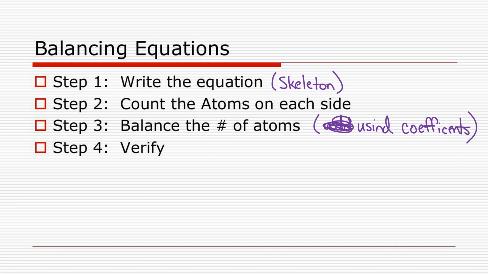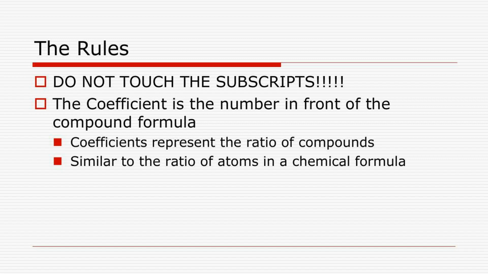And then at the end, we're going to verify that we have the same number of atoms on each side. So if we can't change the subscripts, we can only change the coefficients.